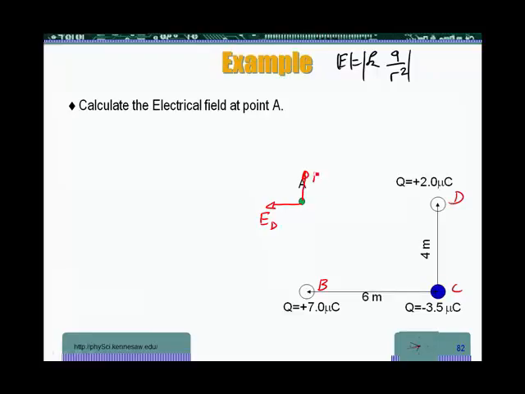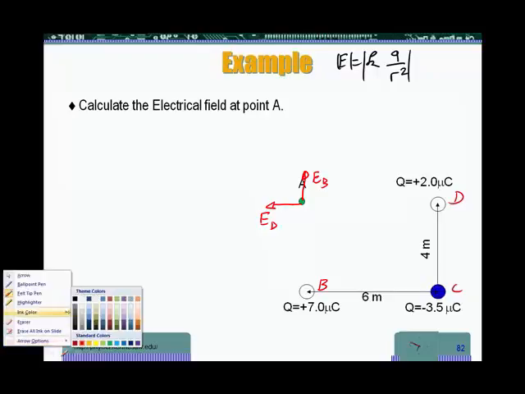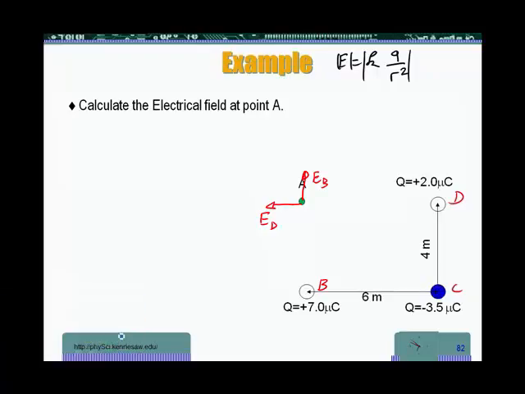So it's going to point like this, EB. Now the electrical field due to charge C, since charge C is negative, is going to point towards charge C, like this, EC. And all of them are given by the expression that I wrote above.